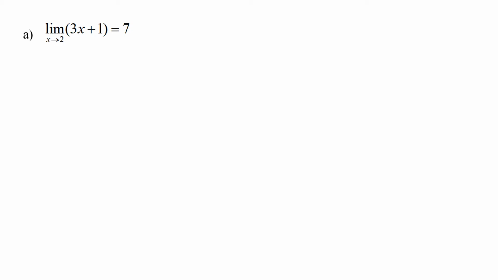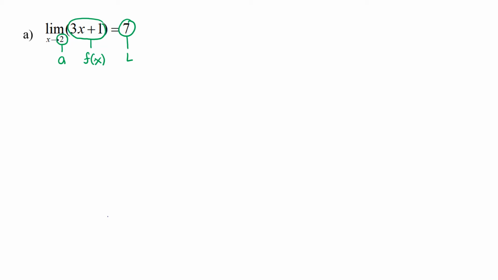So let's get a little bit more room here. We need to take this limit and get that last piece of our definition to apply directly to the limit we're interested in. So this is our a. This 3x plus 1 is our f of x. And 7 is the limit that we're approaching.